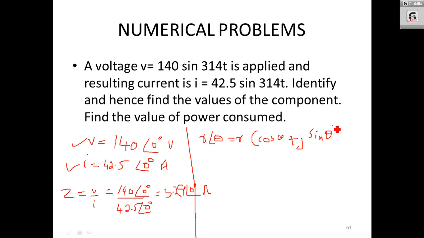In the value of impedance, theta is equal to 0 degree and R is equal to 3.29.